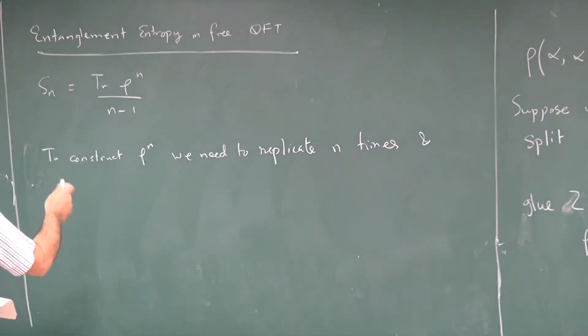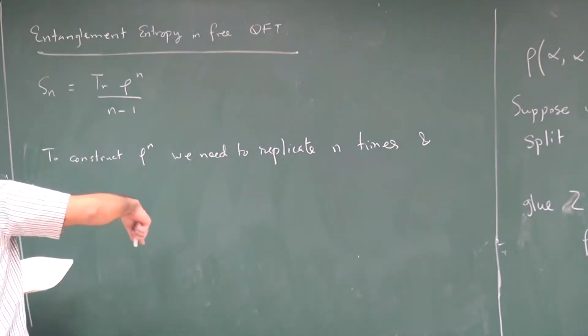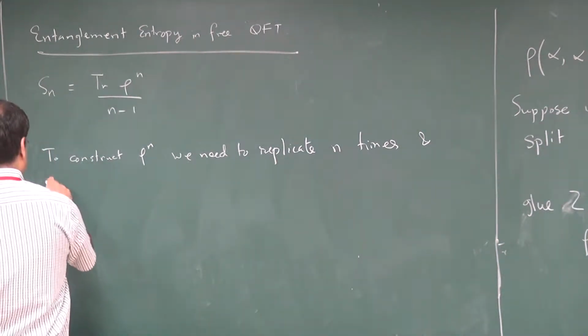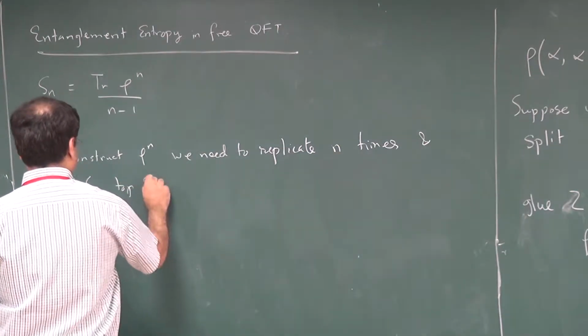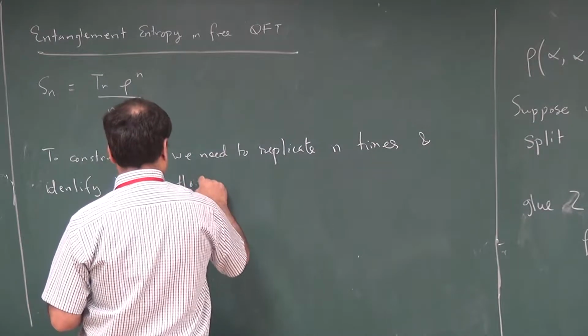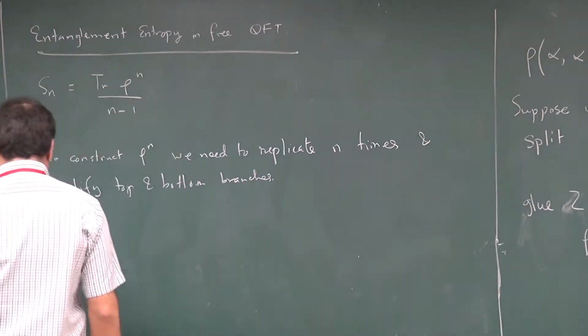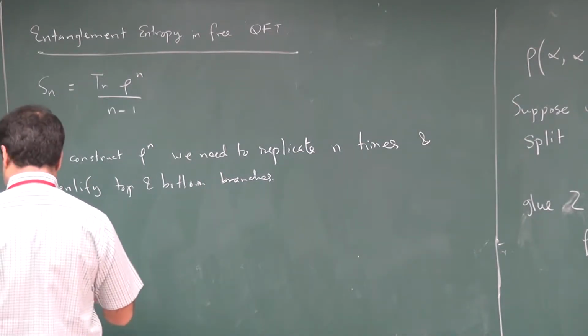So you're making n copies of the same guys, but then the top object and the bottom object are the same. So n times, and you need to identify top and bottom branches. So what you have is a picture like this.